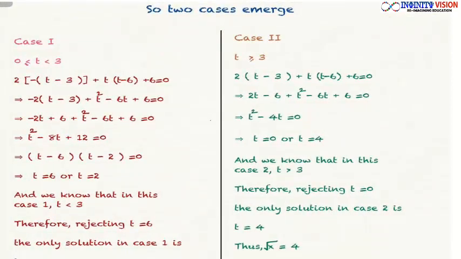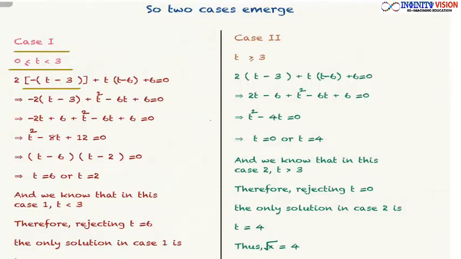Let's first focus on case 1, where t belongs to [0, 3). Here |t − 3| is replaced by −(t − 3), because for t less than 3 the expression is negative and we multiply it by minus to make it positive.